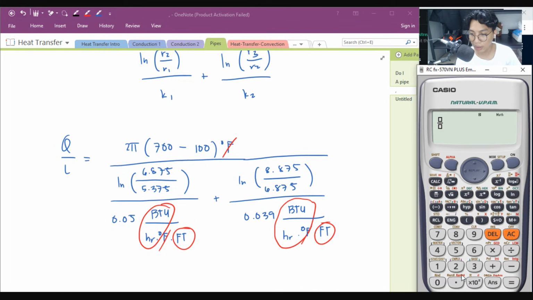So, 2 pi times, this is calculable. 600 na lang. Calculable mentally.